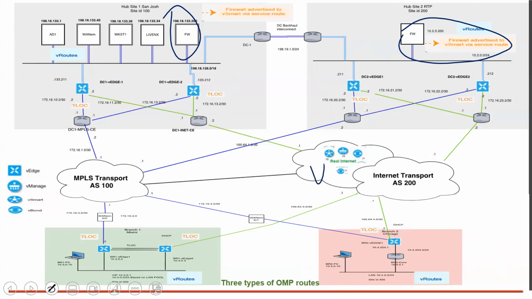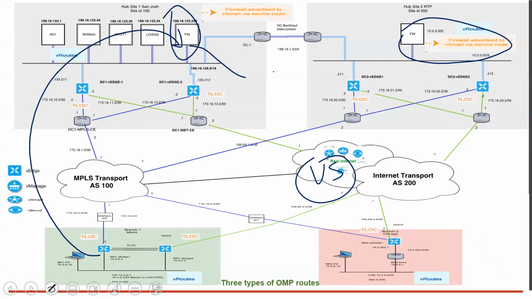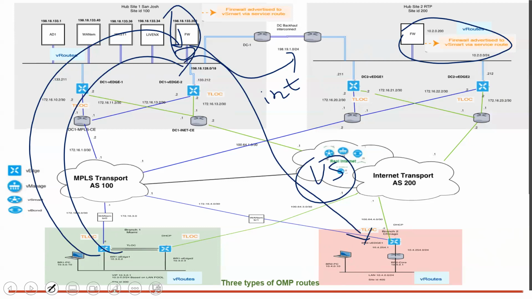vSmart knows in a fabric where the firewall is, because tomorrow if we have to create a policy, something called service-side redirection, or redirecting the traffic towards the services, or some traffic engineering, so that the branch traffic will go to the firewall and then go through the internet, or go to the firewall and then to any other branch.